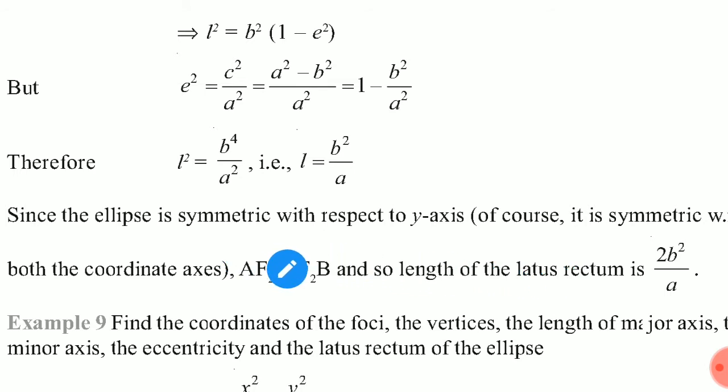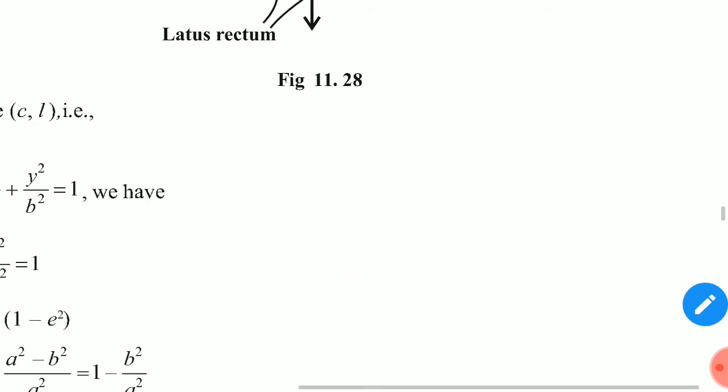Since the ellipse is symmetric with respect to the y-axis and x-axis, both distances AF2 and F2B are equal.